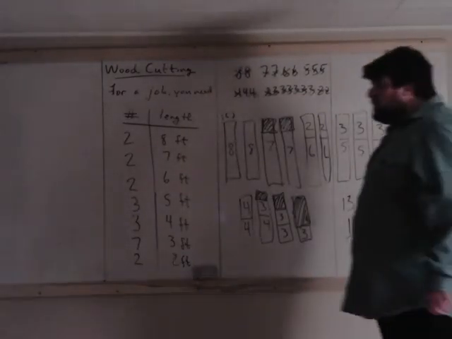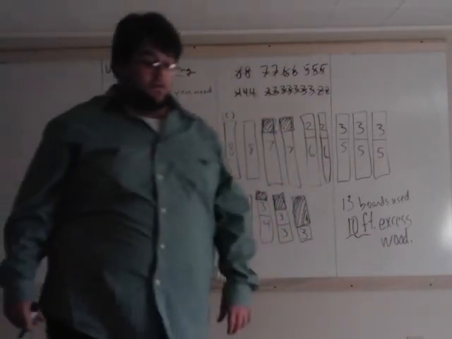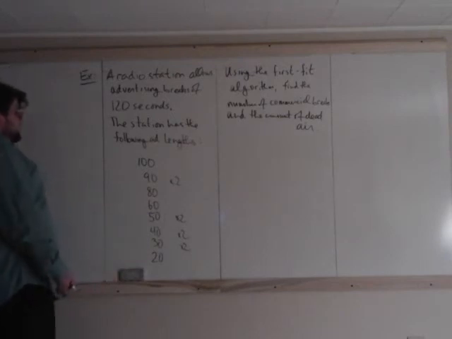Now let's look at another application of this bin packing. So here, a radio station allows advertising breaks of 120 seconds. The station has the following commercials with given lengths.